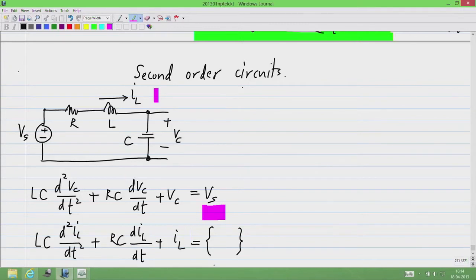Meaning the homogeneous part of the differential equation will remain exactly the same. Is this okay? Any questions about this?